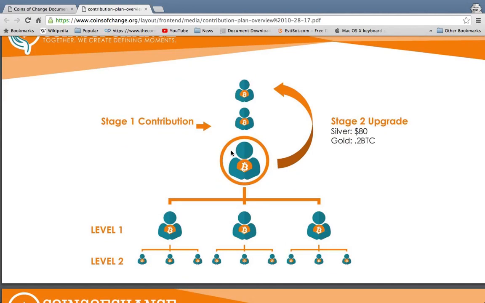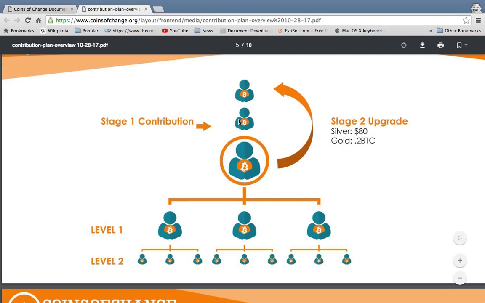Now you made a stage 2 contribution, because that was your stage 1 contribution, like I just explained. What has happened is, because you upgraded to stage 2, your 3 first contributors are now on their level 1.